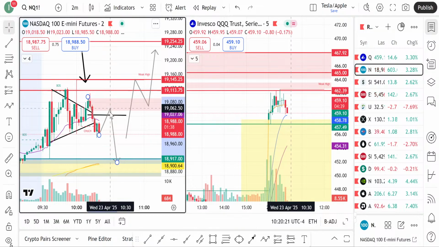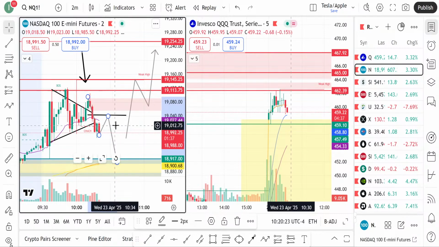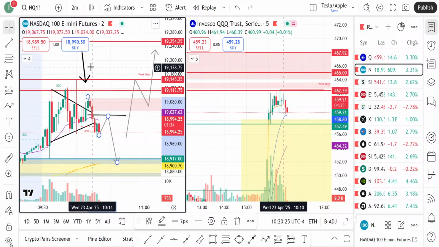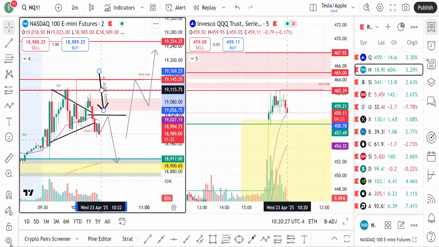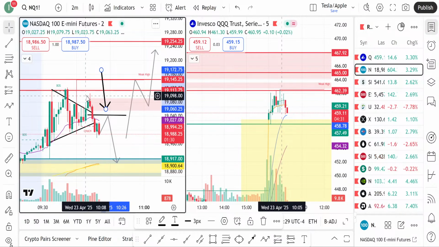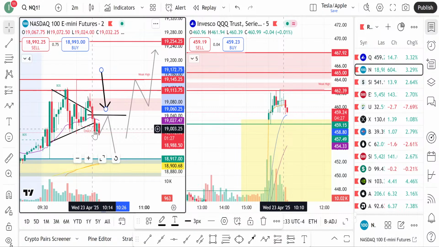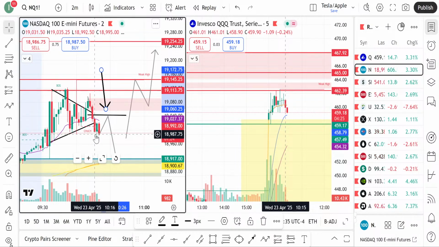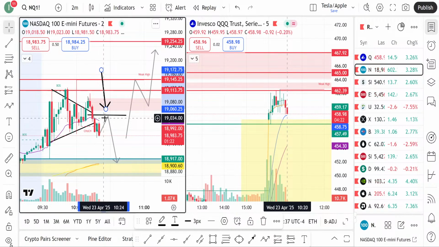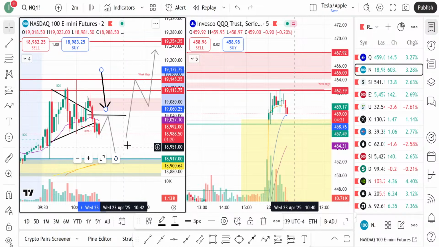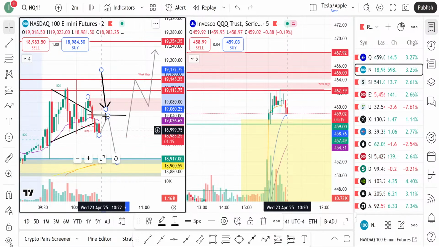So maybe it does a small push up, and then that could be a nice entry, right? We're catching the wave as it comes in, comes up and then pushes again. So you want to catch the wave as it's going up.